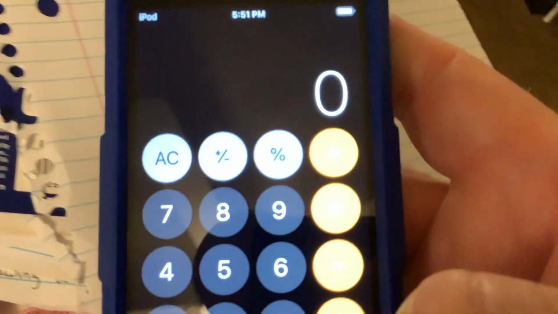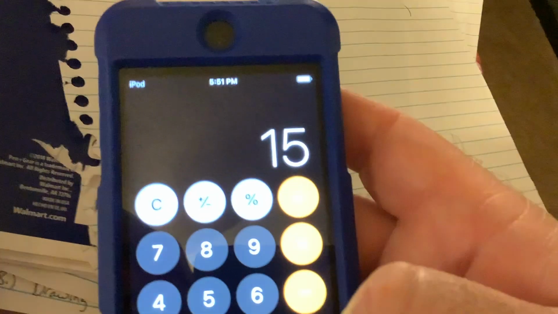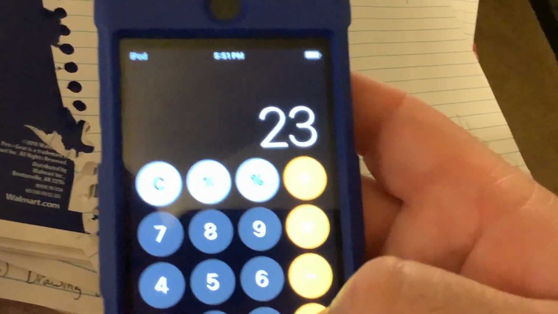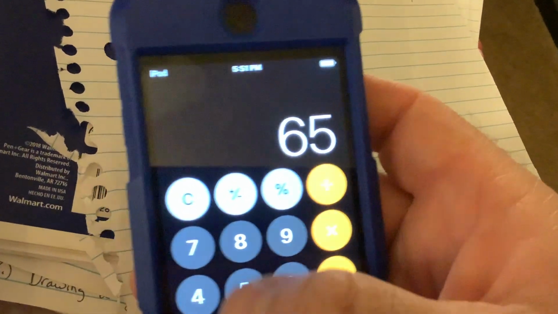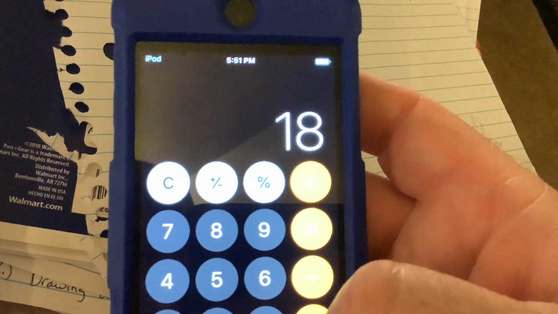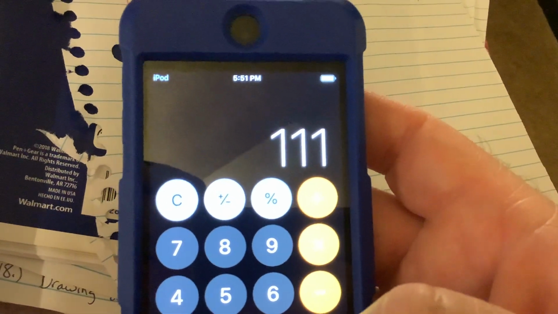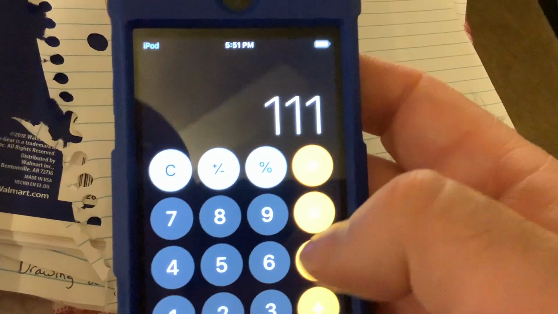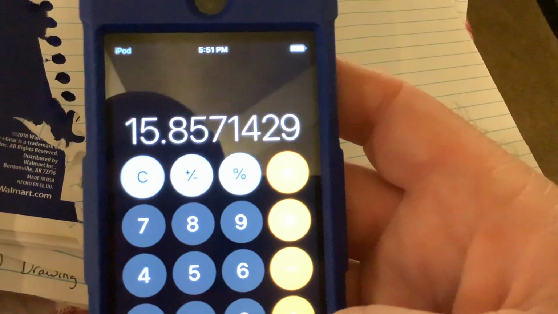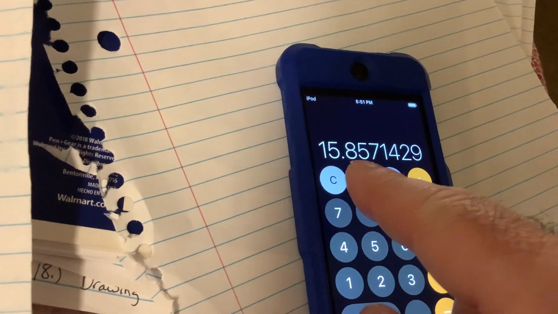So you've got 9 plus 15 plus 23 plus 18 plus 7 plus 18 plus 21. And there are 7 numbers. So you get, rounded to the nearest 10th, 15.9. Okay, that goes up to a 9.